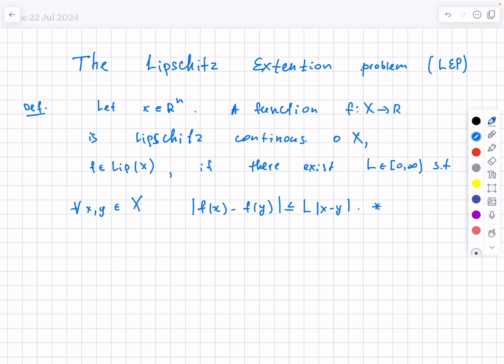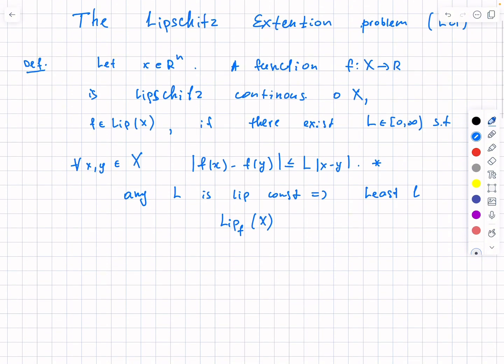Any such L is a Lipschitz constant, and the least, the minimum of this constant, we write like Lip(f) in the domain of X.